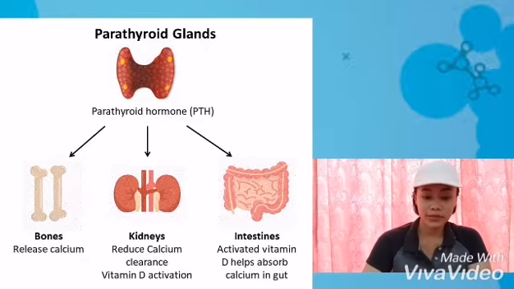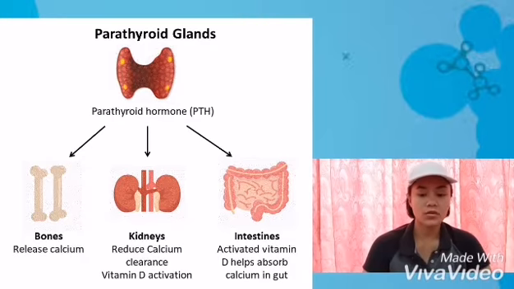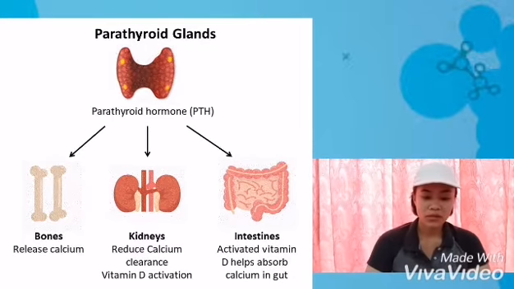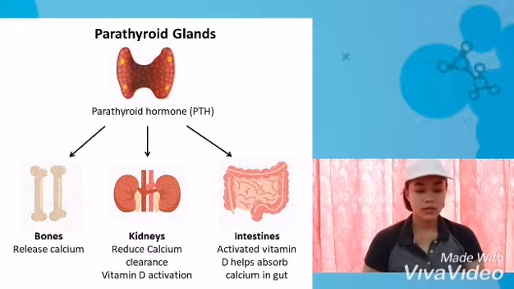The hormone causes osteoclasts in our bones to become more active, breaking down bone. The common mineral in bone is calcium, so some of the calcium stored in our bone is released into the blood, thus increasing calcium levels.